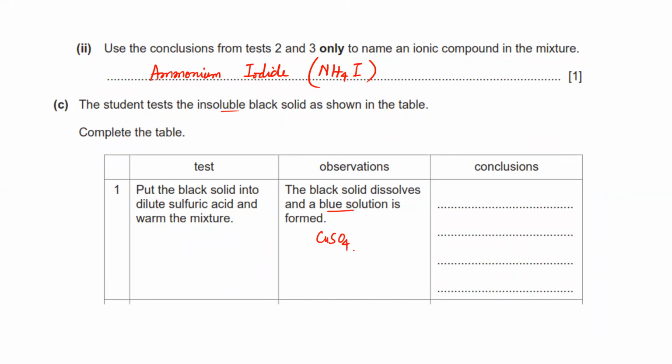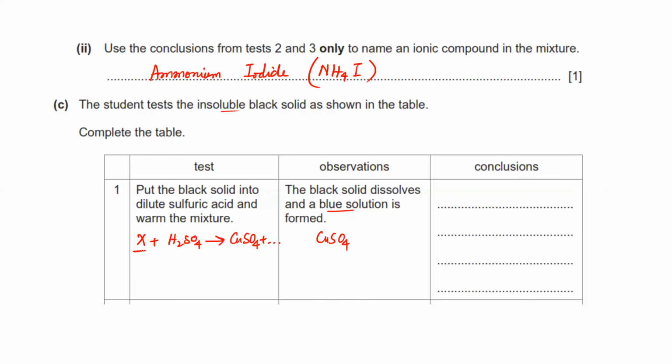So the black solid X plus H2SO4 dissolves and gives you a blue solution, plus something else. This is the copper sulfate solution, and the color is blue because of the presence of copper sulfate.